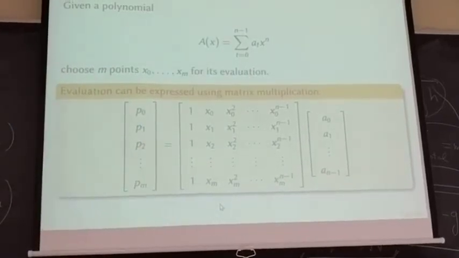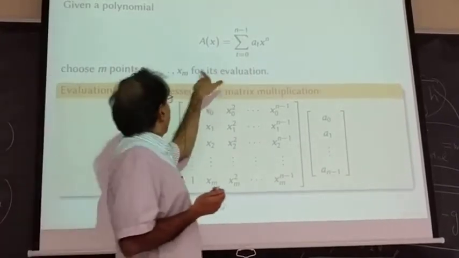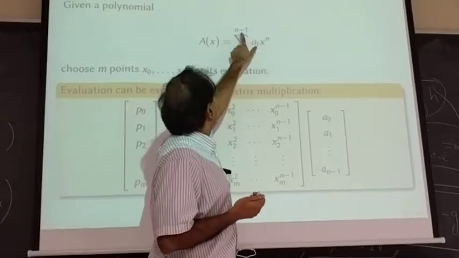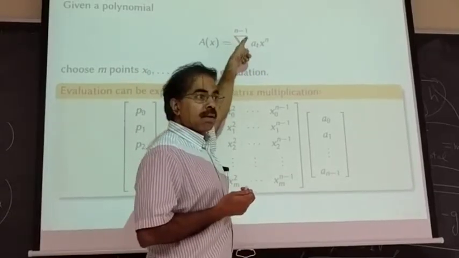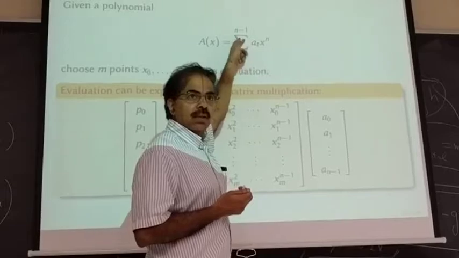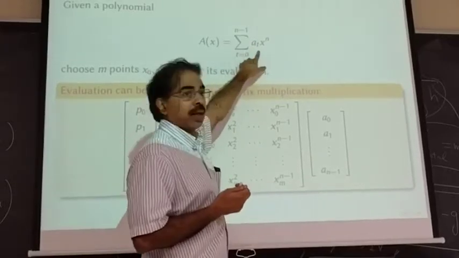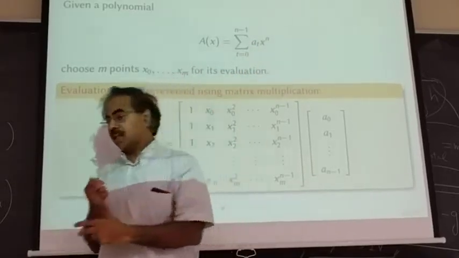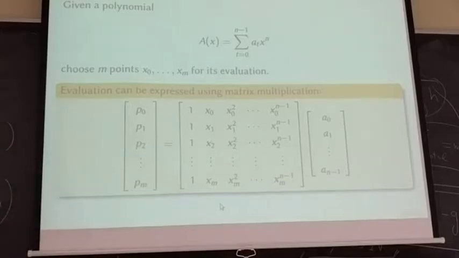So I'm decoupling. You know that m should be at least n, or n plus 1 actually, in order to uniquely define this polynomial. But nothing prevents you from evaluating it at more points, right? That's fine.